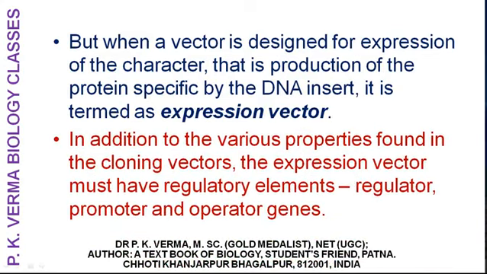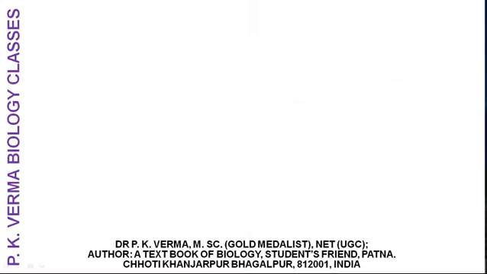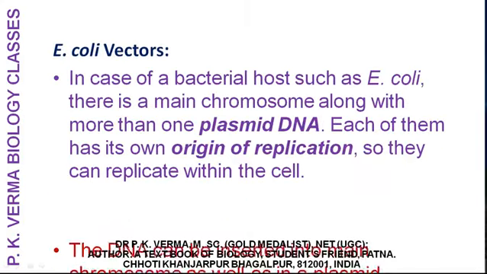It will be discussed later on. In addition to the various properties found in the cloning vector, the expression vector must have regulatory elements, a regulator, promoter and operator. But a cloning vector does not need them.